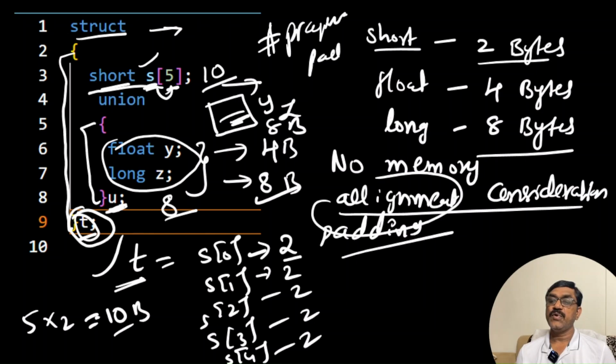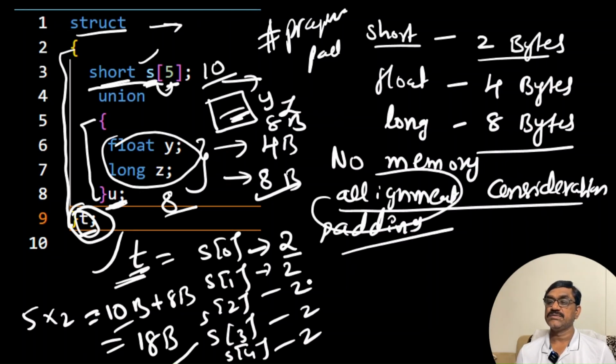Now, the total amount of memory allocated for the variable t is 10 bytes plus 8 bytes. So here the answer is 18 bytes. The amount of memory allocated for the variable t without considering any padding is 18 bytes. This is the answer, right? Now, after this, we are going to see the applications of union.